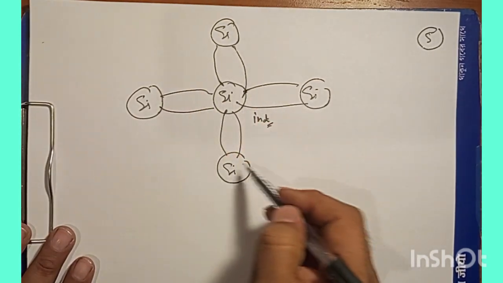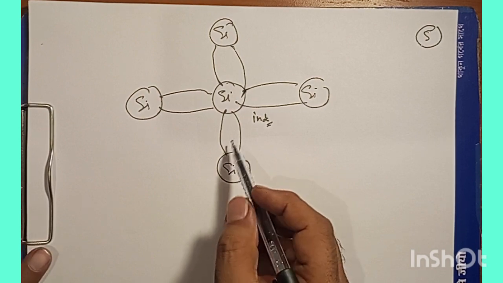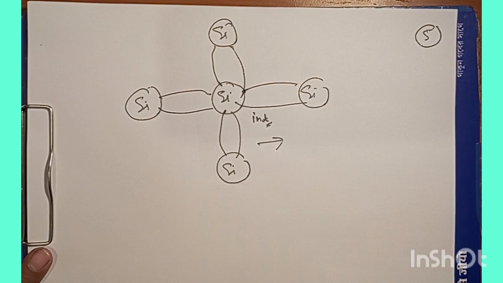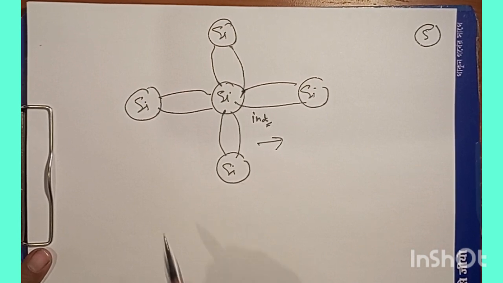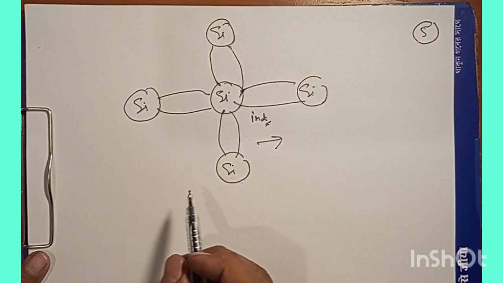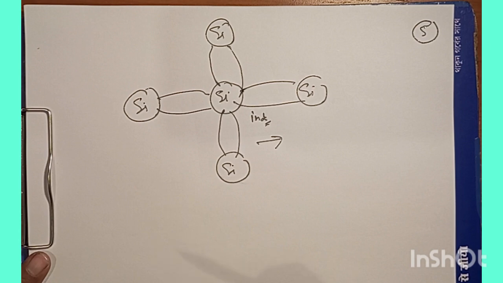So you are increasing the number of holes in the original matrix of the silicon network, and this kind of doping is a trivalent doping.